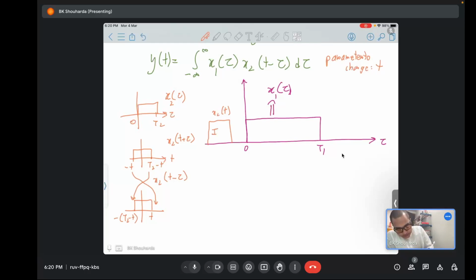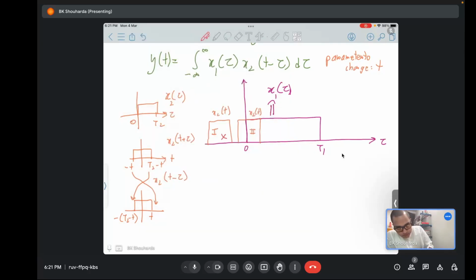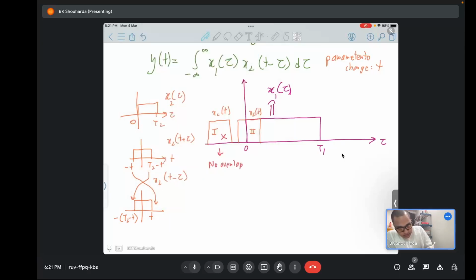Then this is case 2, where it partially overlaps. Okay, see, there is no overlap here, there is some partial overlap with the left edge of the rectangle.